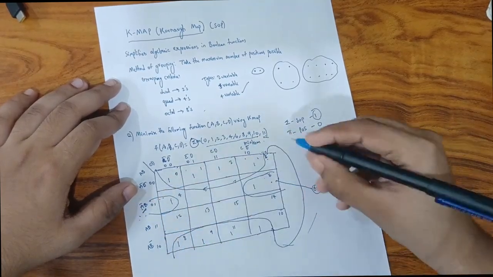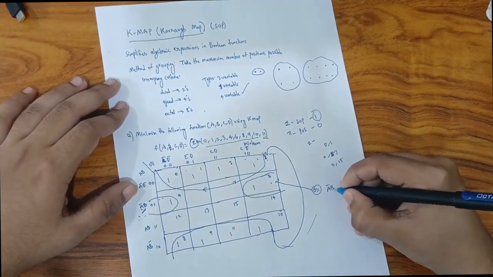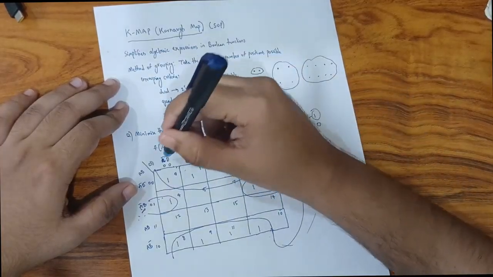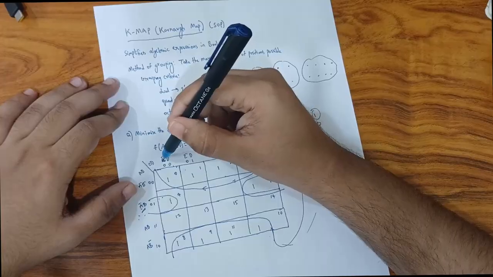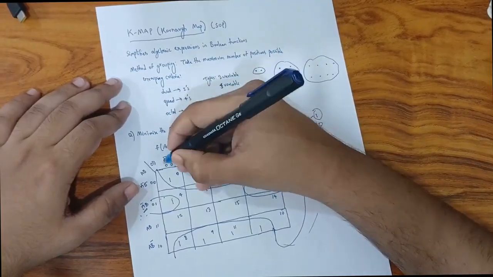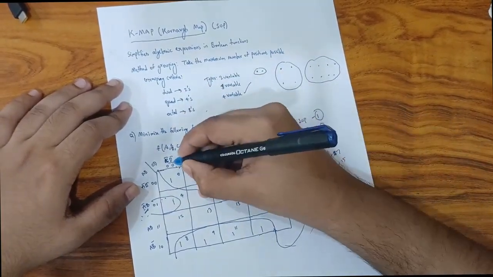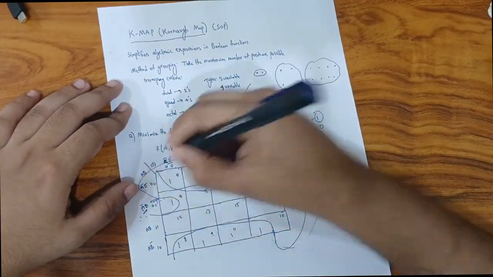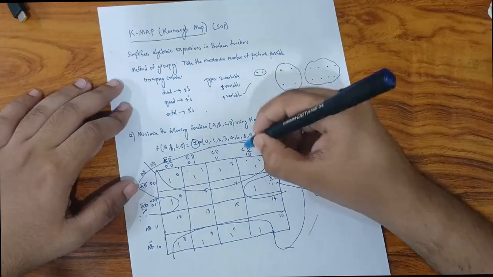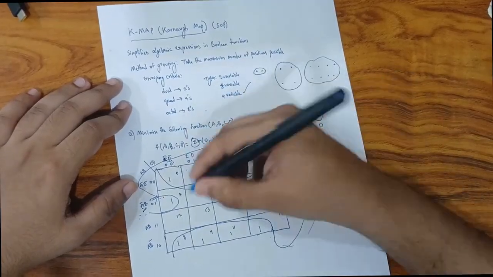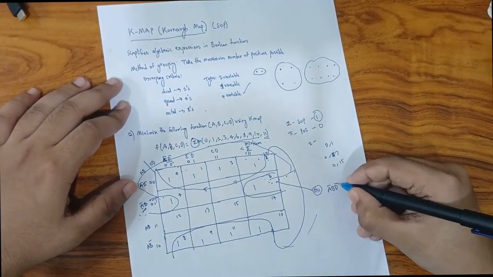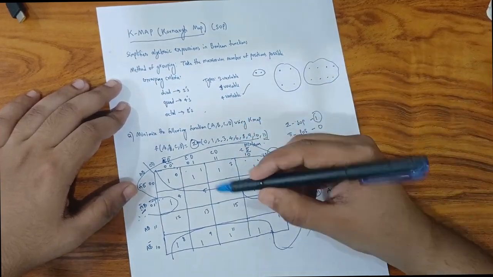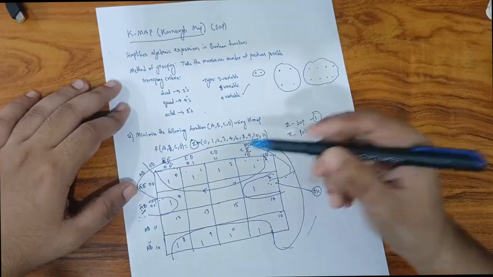A bar B is common to both of them, so write A bar B. Now compare the columns. You can see that this is C and this is C. We can see that D bar is common in both of them. As I already told you, it extends to here, so D bar is common in both of these cells. So mark D bar.